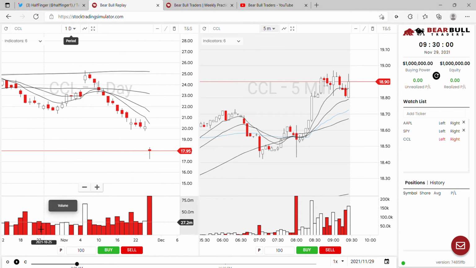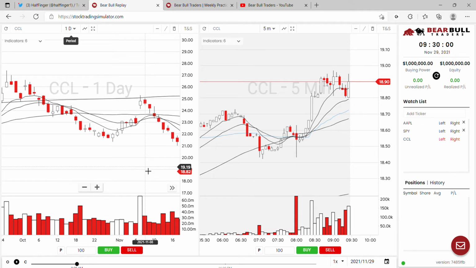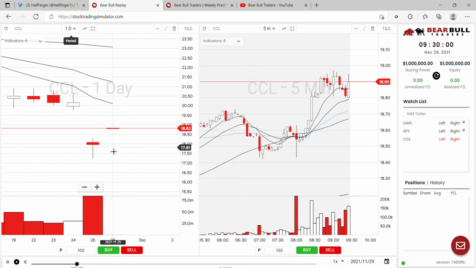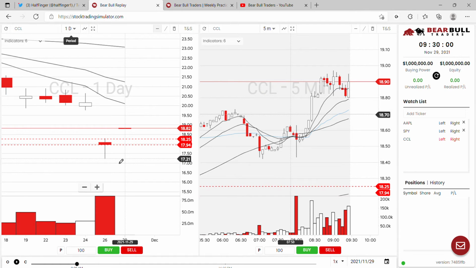So what I do first is find some levels. What I always mark is previous day close, and previous day high and low, and 2 days ago high and low. This is far away, so probably not going to get up here.